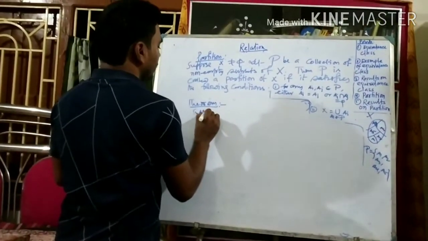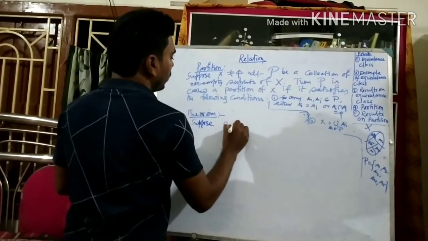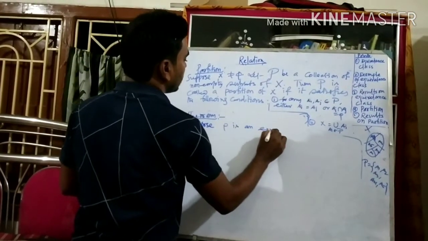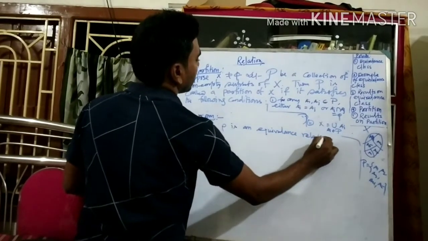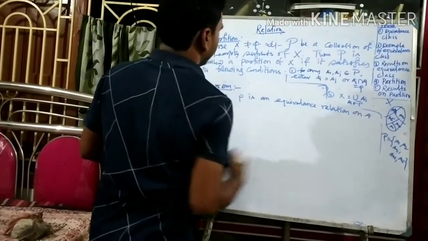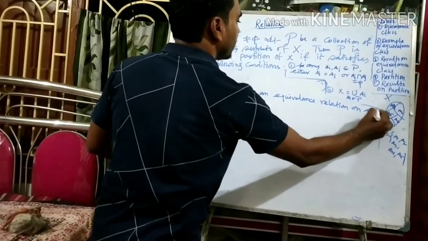Suppose rho is an equivalence relation on A. Suppose this is non-empty.